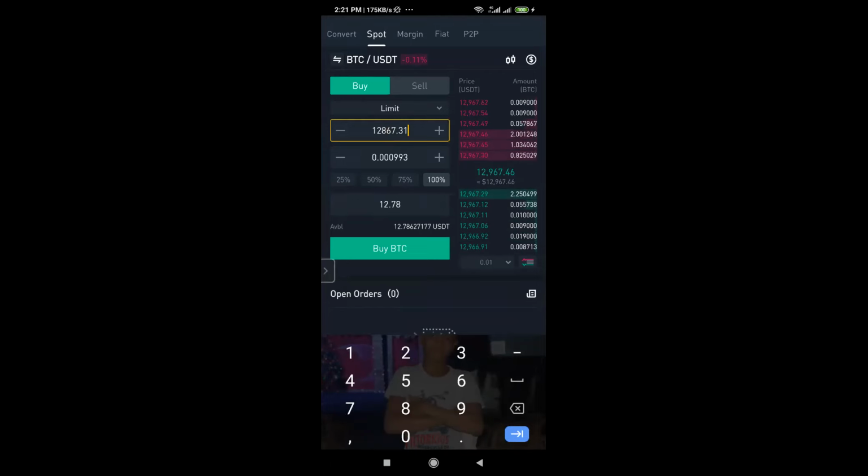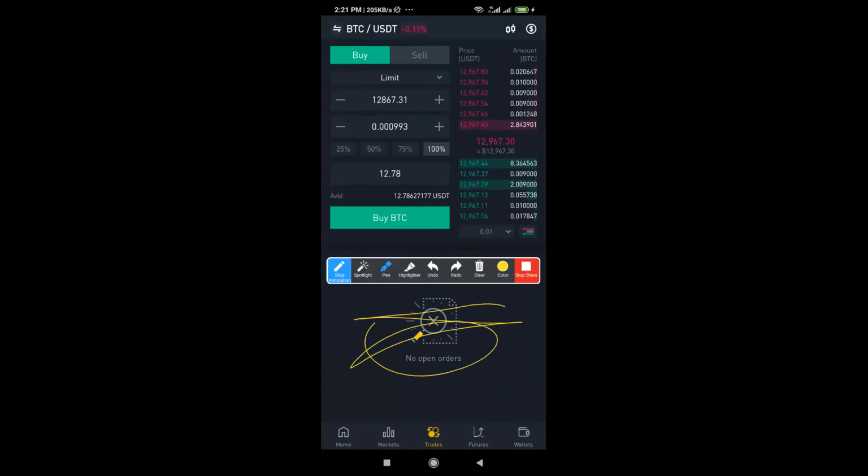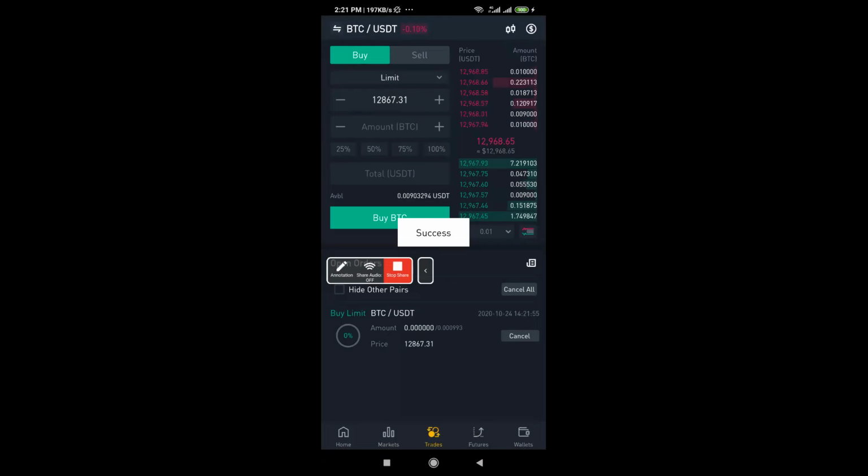Once I click buy BTC, the order will appear here. It will show me that, okay, I'm getting BTC. So I want to buy BTC when it comes to this price. Click on buy BTC. Right? So it's showing here that I want to buy BTC at this price.